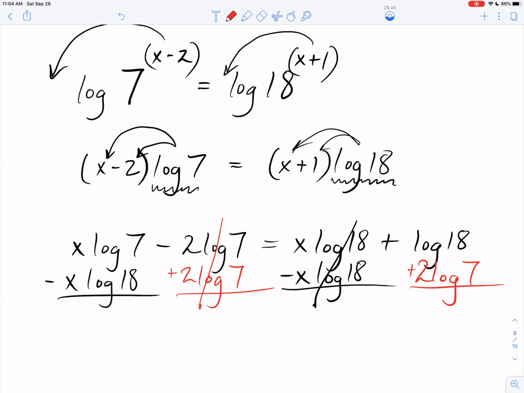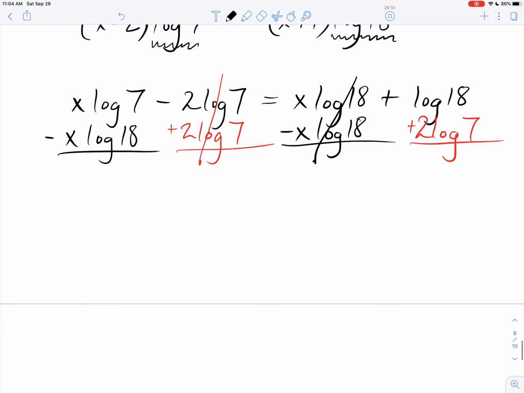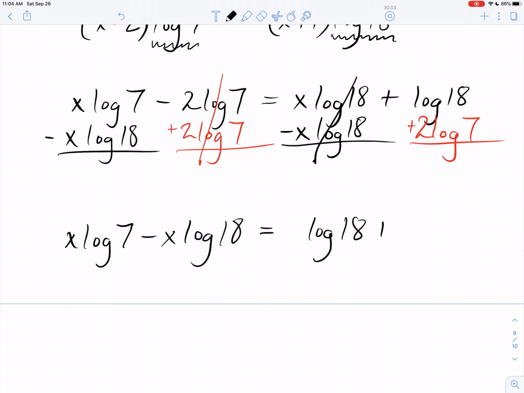And I end up with x log 7 minus x log 18. What's it equal? Well, it equals the log of 18 plus 2 log 7.